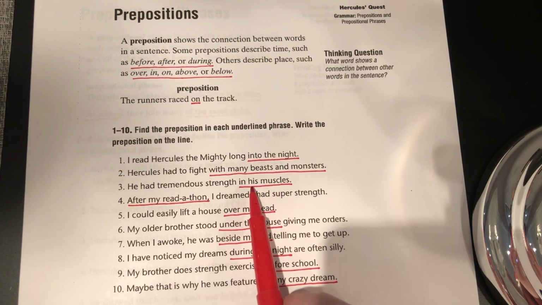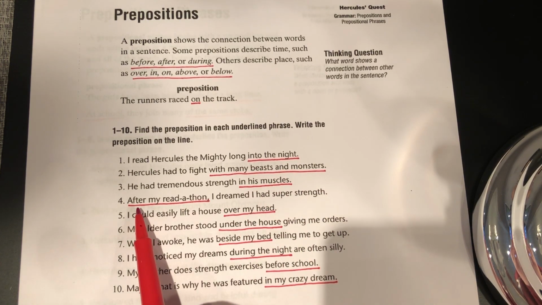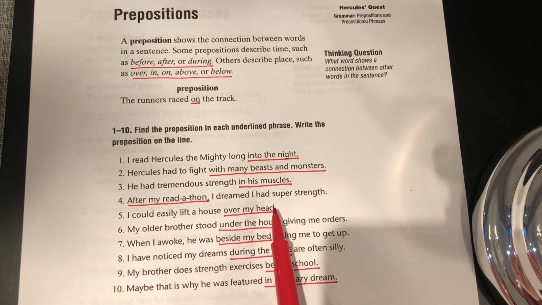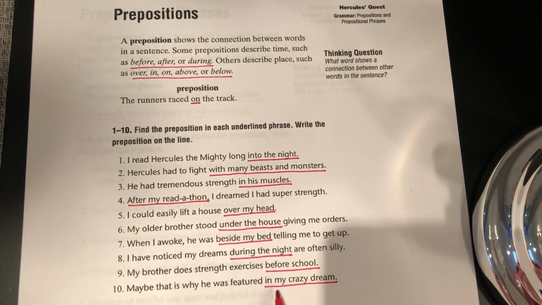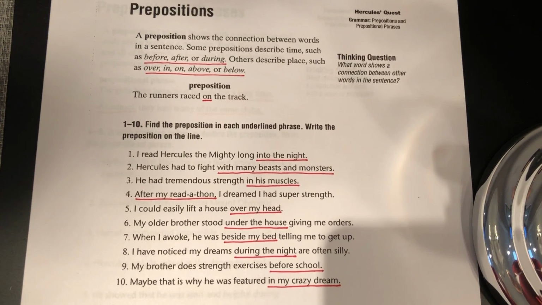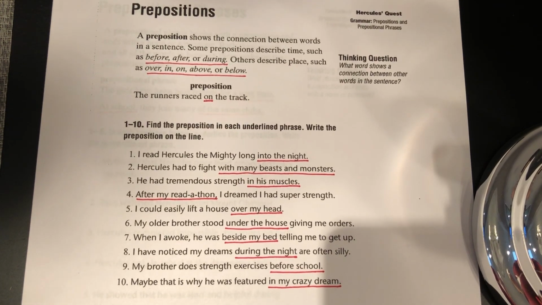Number 3, in his muscles. Number 4, after my readathon. Number 5, over my head. Number 6, under the house. Number 7, beside my bed. Number 8, during the night. Number 9, before school. And number 10, in my crazy dream. So all of those words should have been underlined for you. They weren't, so please underline them at this time so that we can then go through and find the preposition.